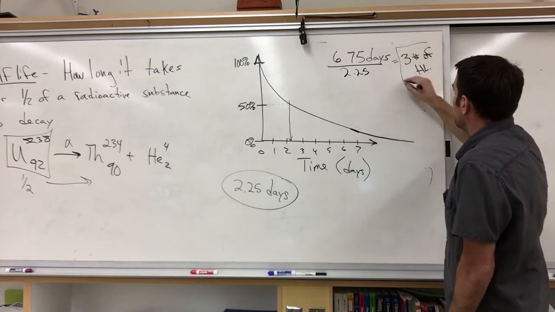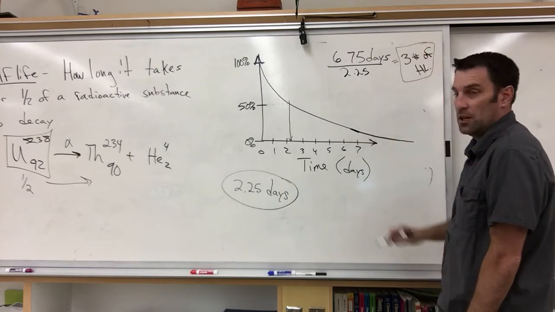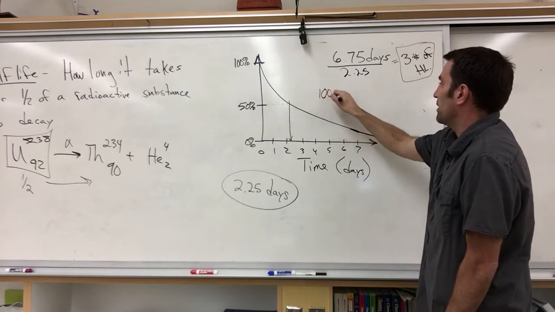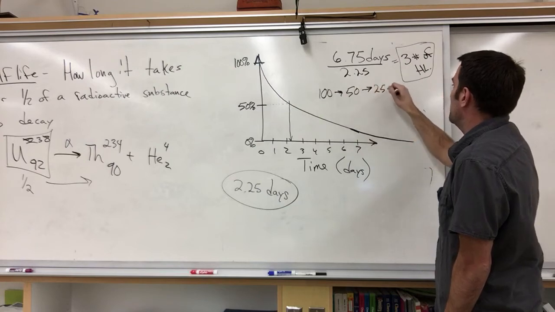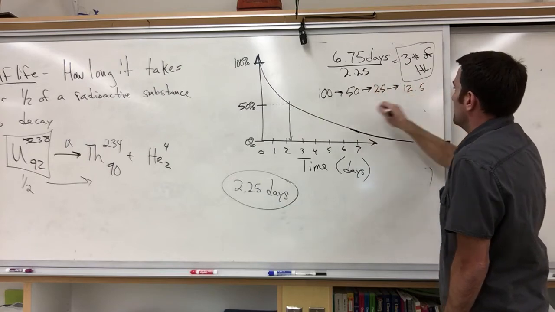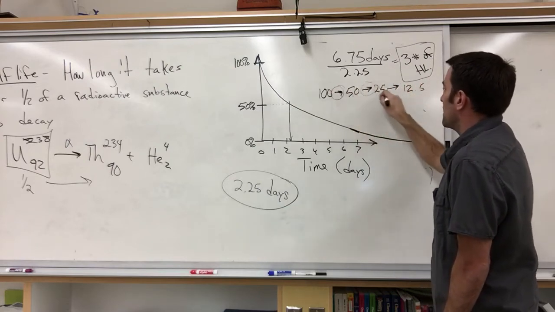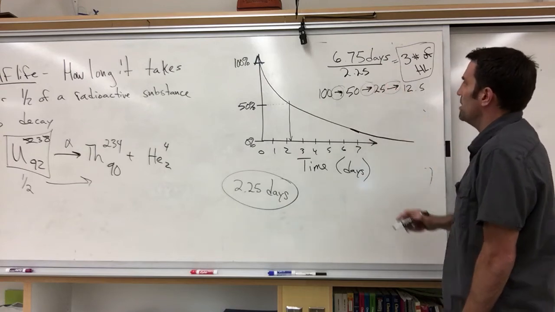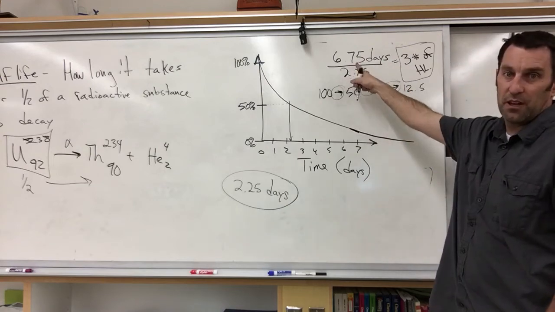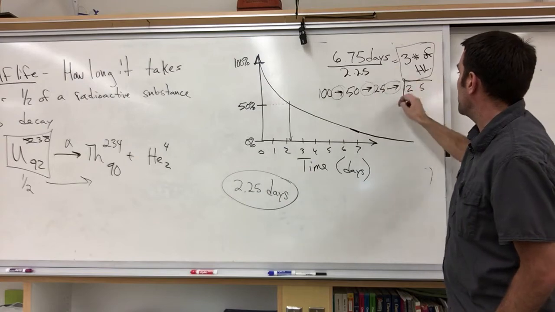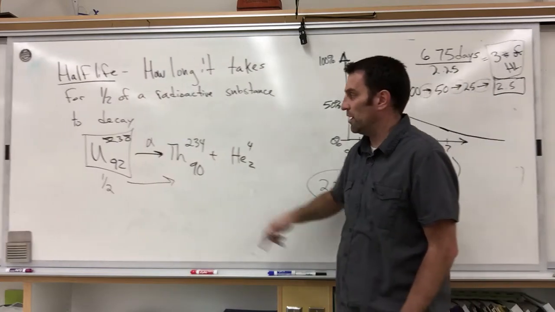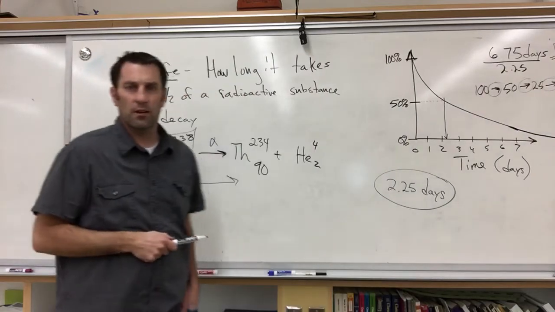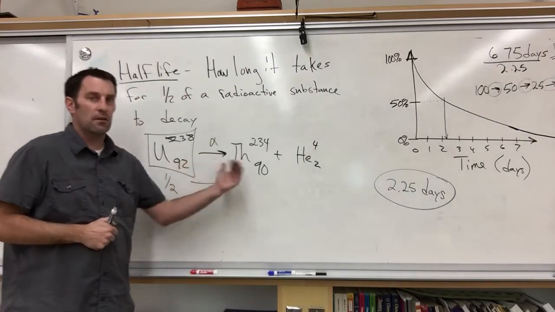So if it's gone through 3 half-lives, it's gone from 100% to 50 to 25 to 12.5. These arrows were representing the half-lives it's gone through. So in 6 3/4 days, we end up having 12.5% of our original isotope left, which could be something like uranium, even though uranium has thousands of years as a half-life.